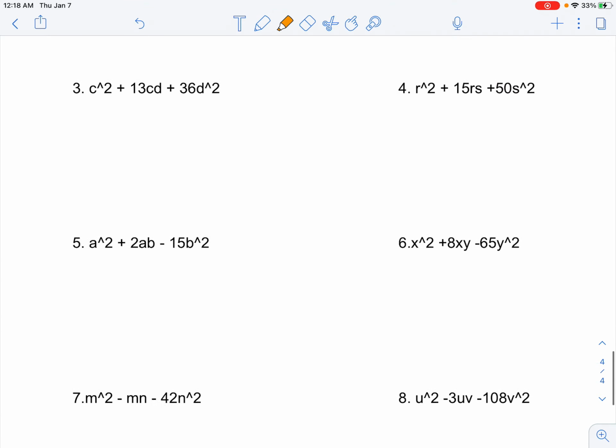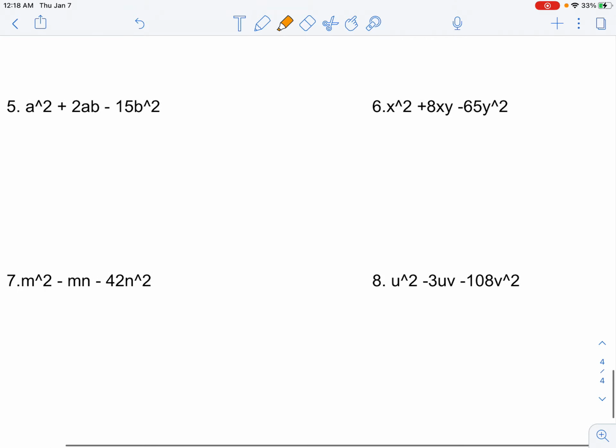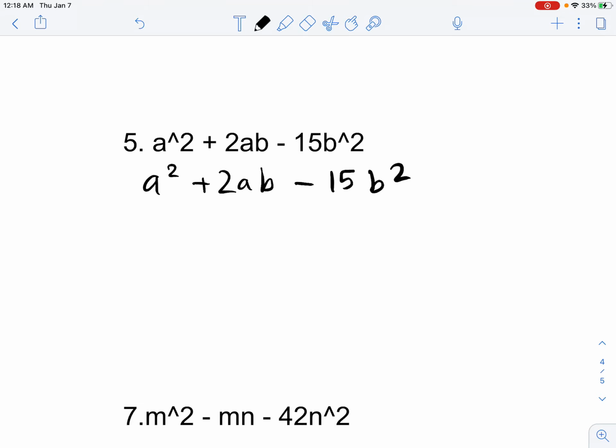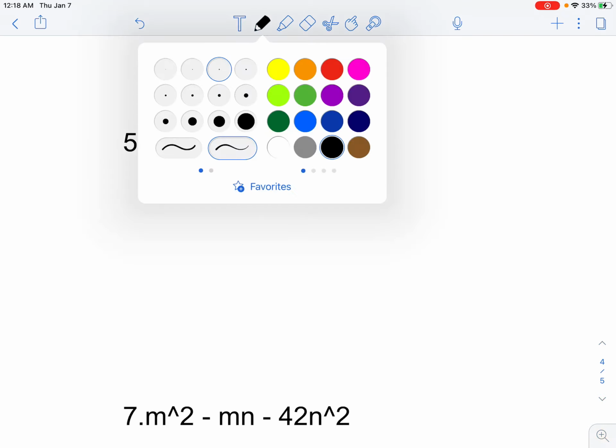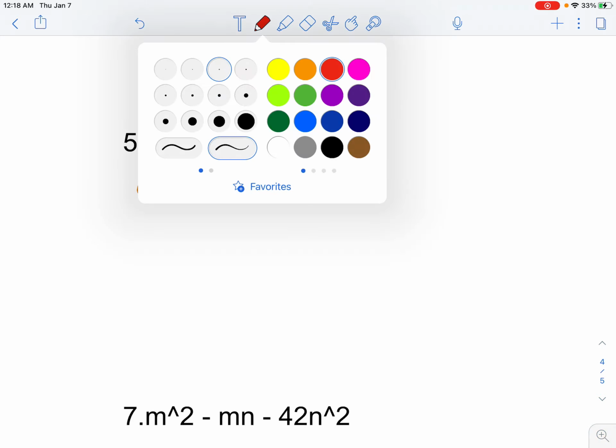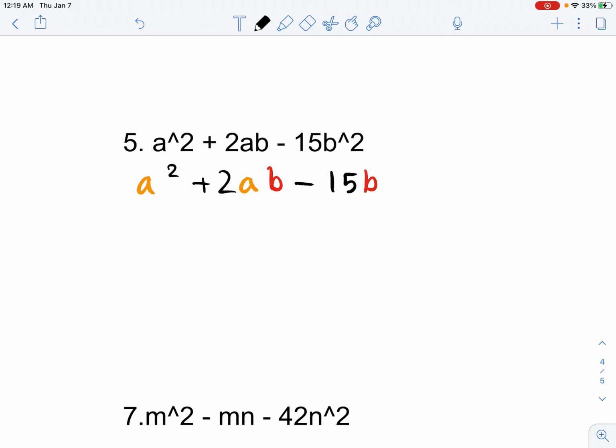Let's try one more problem. A squared plus 2ab minus 15b squared. Let me try color coding this. So in this case, how can we factor out 15b squared?